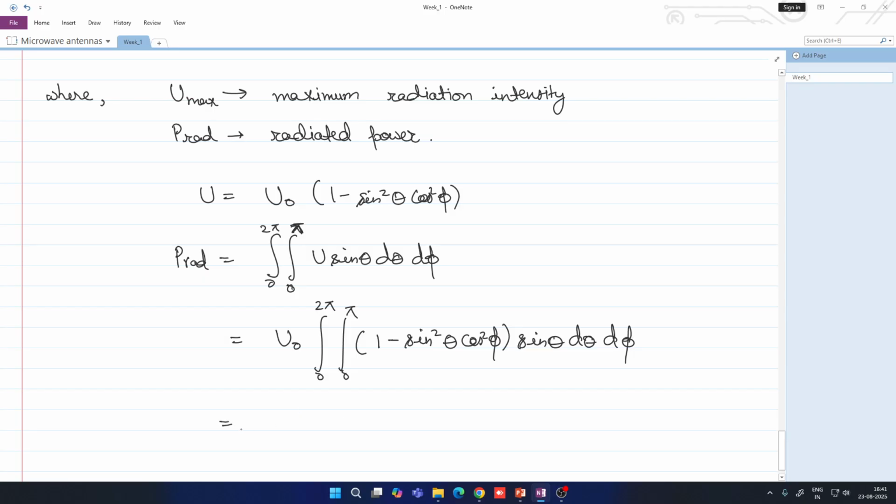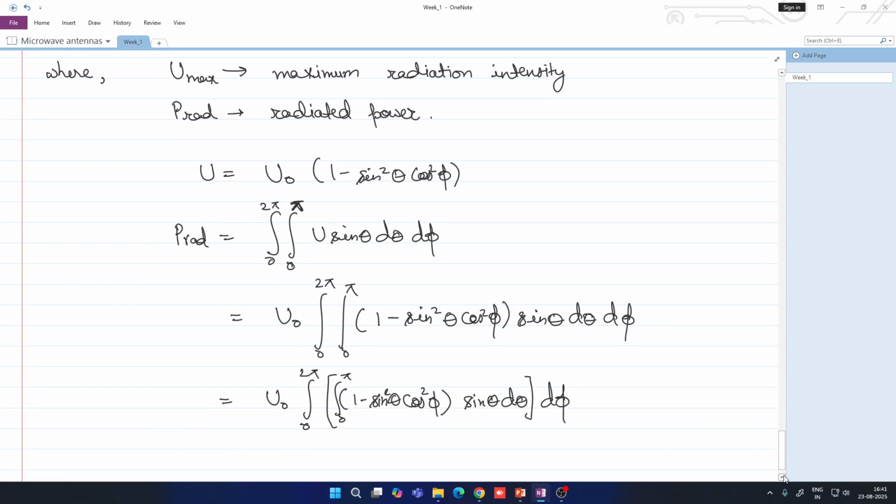Now we can rewrite this as U naught, integral 0 to 2 pi. First we will solve the integral for d theta, between the limits 0 to pi, of 1 minus sine square theta cos square phi into sine theta d theta, and then we will solve the phi one.